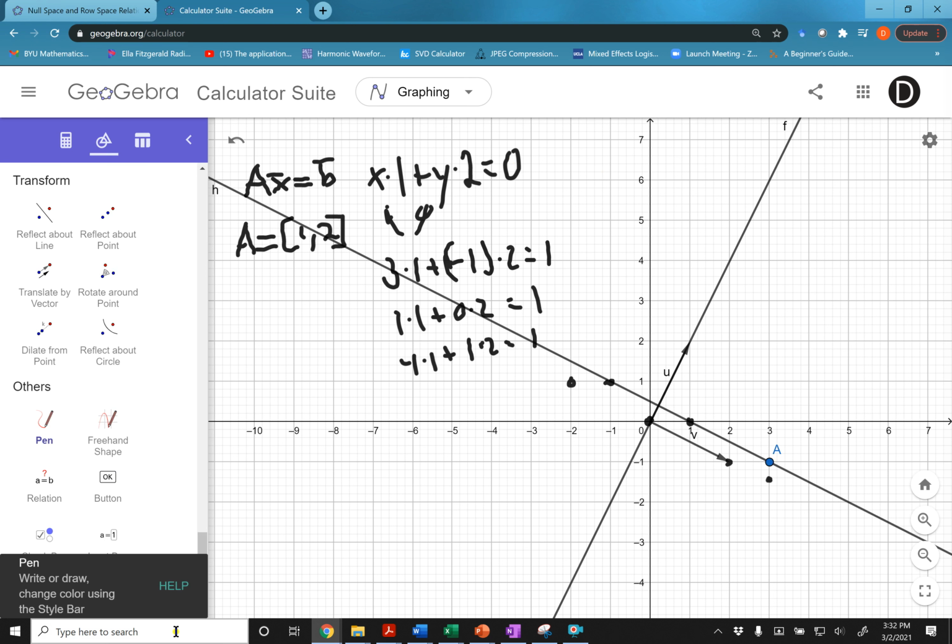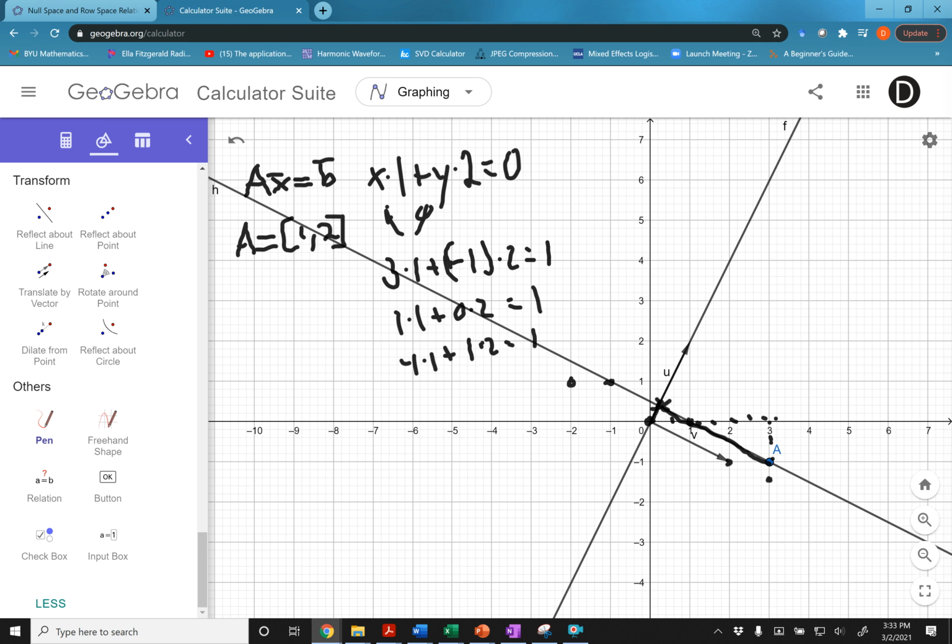So instead of thinking about getting to A as going over 3 and down 1, I can think about going up in this direction along u and then going down along this direction to get to A. But movement in the v direction is part of the null space direction, and movement in that direction doesn't change anything.